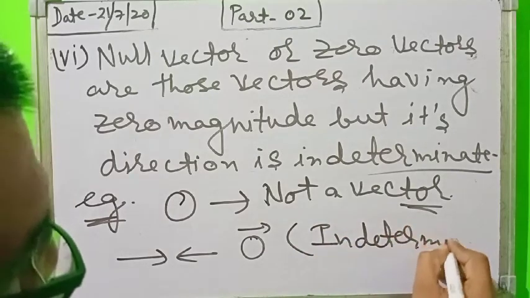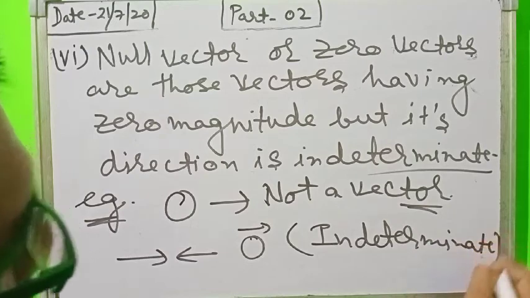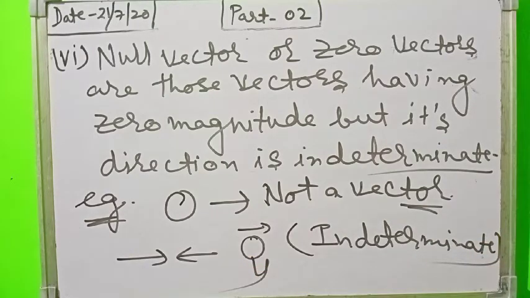Why is it indeterminate? Because of zero magnitude. Zero means nothing, so you cannot determine its direction. But since it is a vector, it is called a null vector or zero vector.